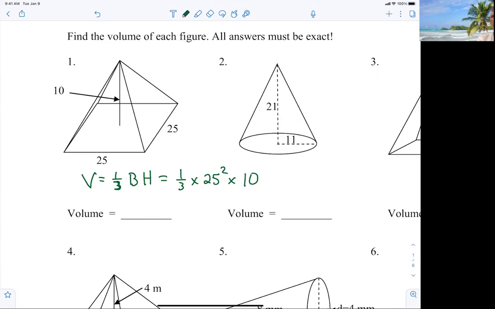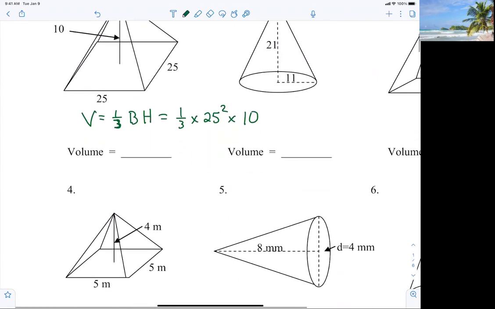Everybody type that in the calculator, please. Now, can you change that to a fraction? Can you hit math? Can you change it to a fraction? Practice doing that. That's all right. Tell me the number again.